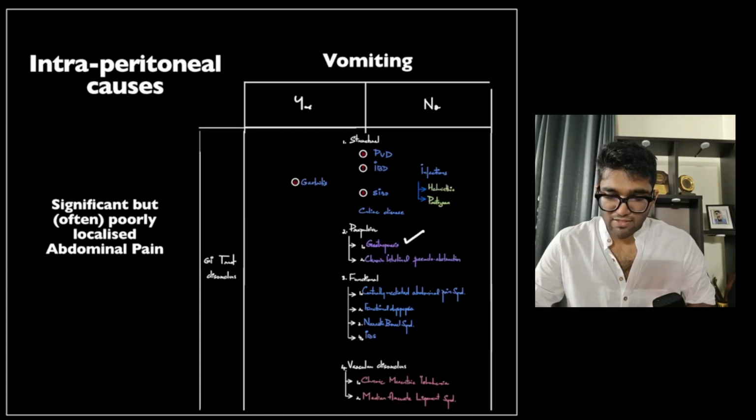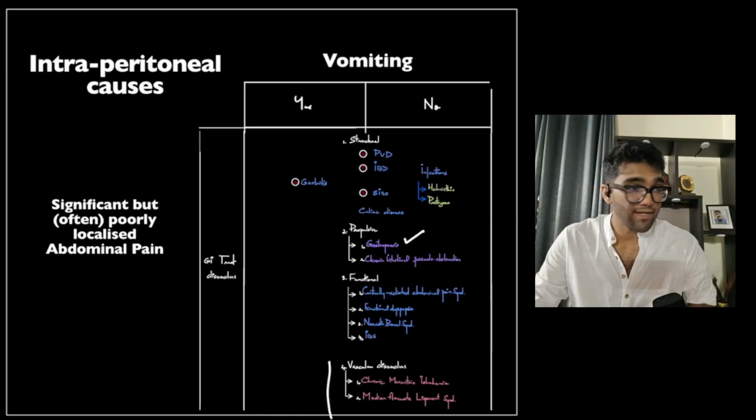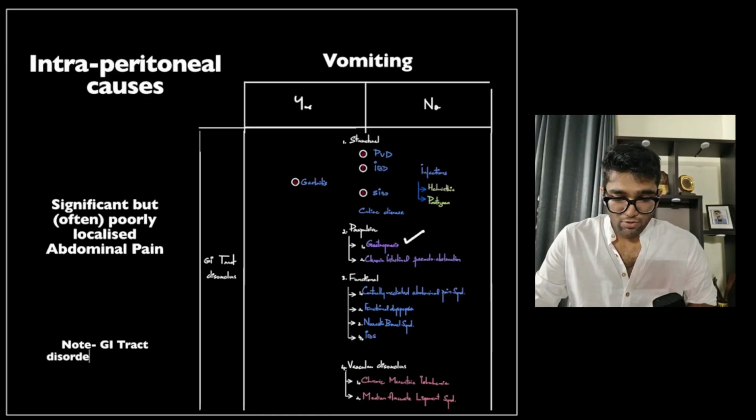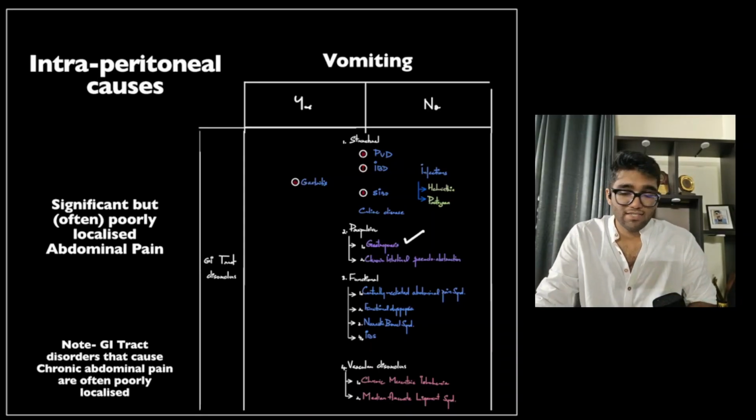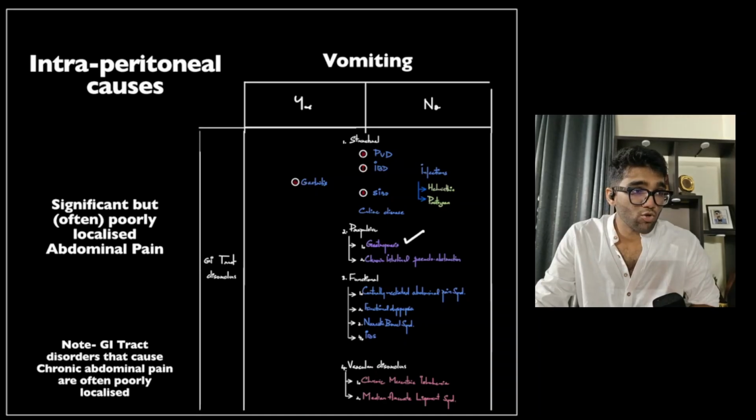Then we have vascular disorders which affect different parts of the intestinal tract separately. So that includes your chronic mesenteric ischemia and median arcuate ligament syndrome. Okay. So GI tract disorders that cause abdominal pain are therefore poorly localized because the chronic pain results in dermatomal overlap over a long period of time, and that makes it difficult for the patient to localize the pain.